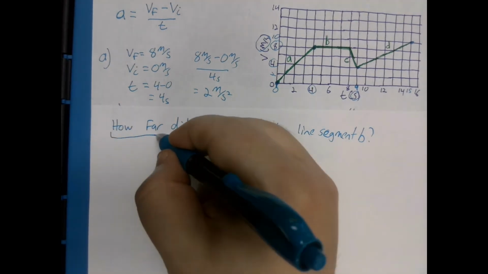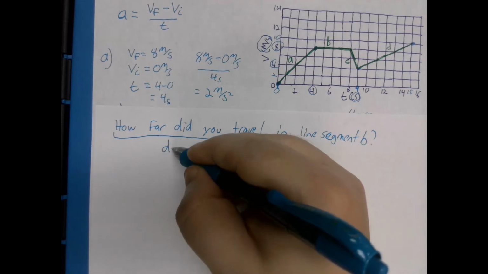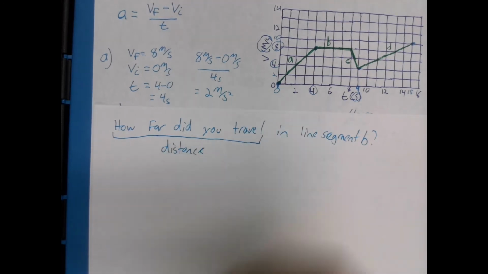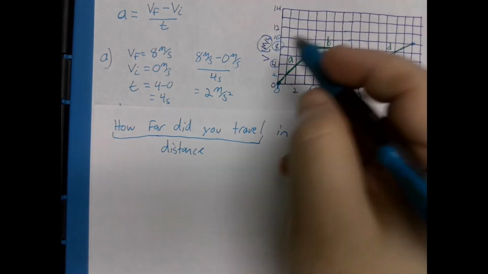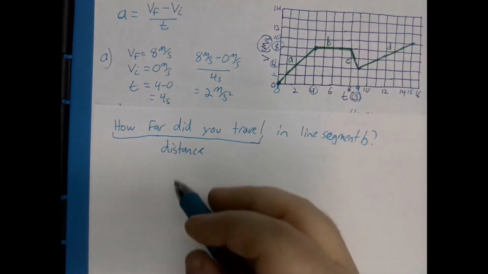How far did you travel is looking for distance. This is a speed time graph, so it doesn't tell us distance directly. You need to figure out what the equation is.